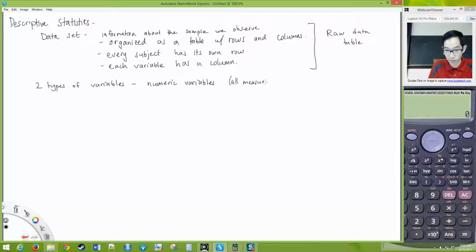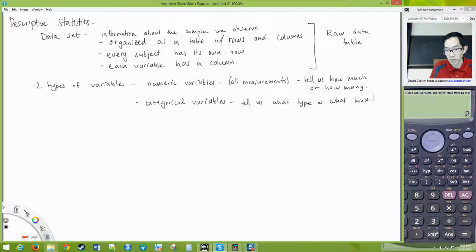And these tell us how much or how many? Okay, and then we have categorical variables. And these tell us what type or what kind.